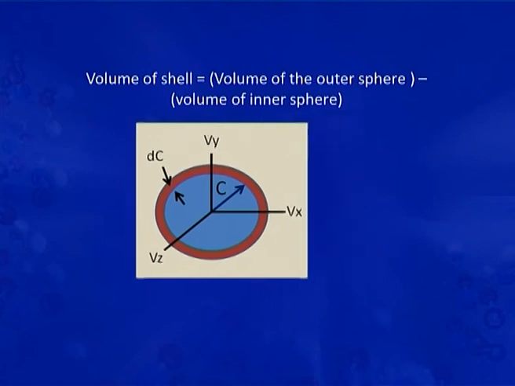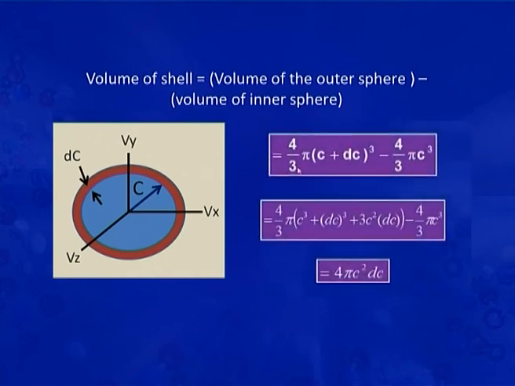So, volume of shell is 4 by 3 pi (c plus dc) cube minus 4 by 3 pi c cube, that is 4 by 3 pi [c cube plus dc cube plus 3c square dc] minus 4 by 3 pi c cube. Now, by solving this, we get 4 pi c square dc. Now, we will multiply this value in the previous equation.